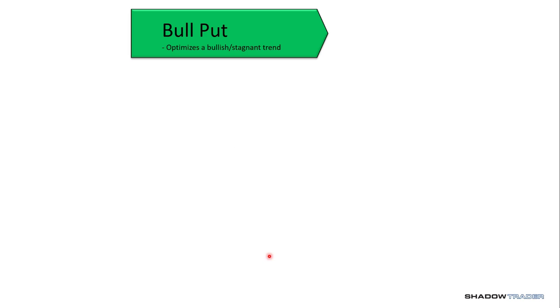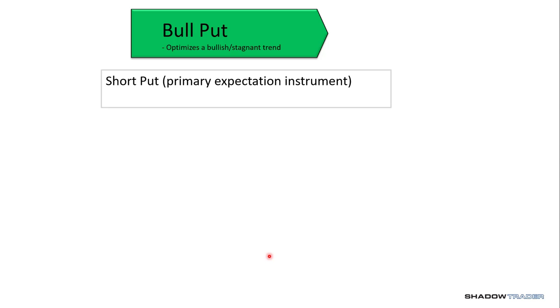So, first of all, the bull put. I'll use that term. It's going to optimize a bullish trend, but it can also use a stagnant trend to be profitable. Our primary instrument is the short put, selling a put option.